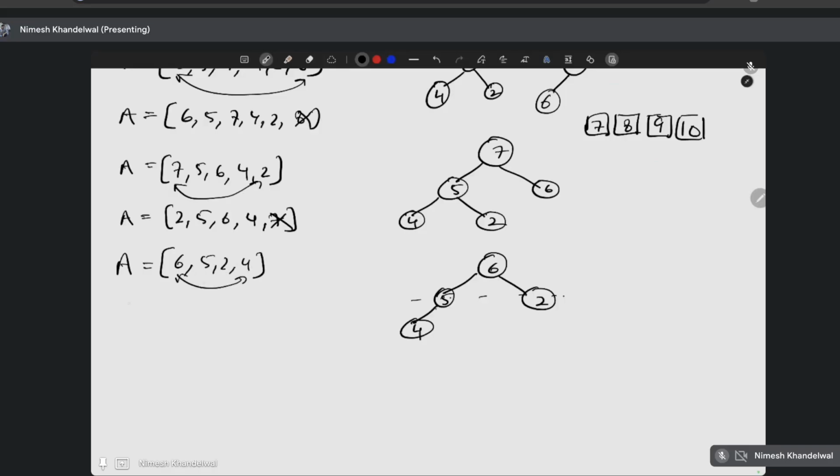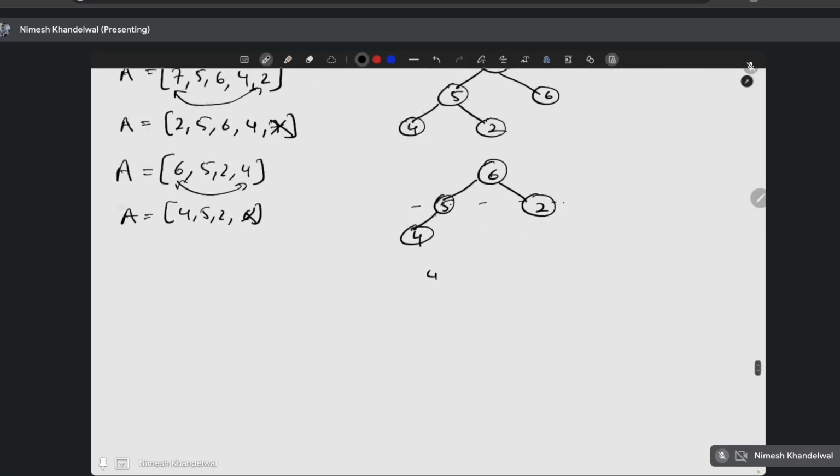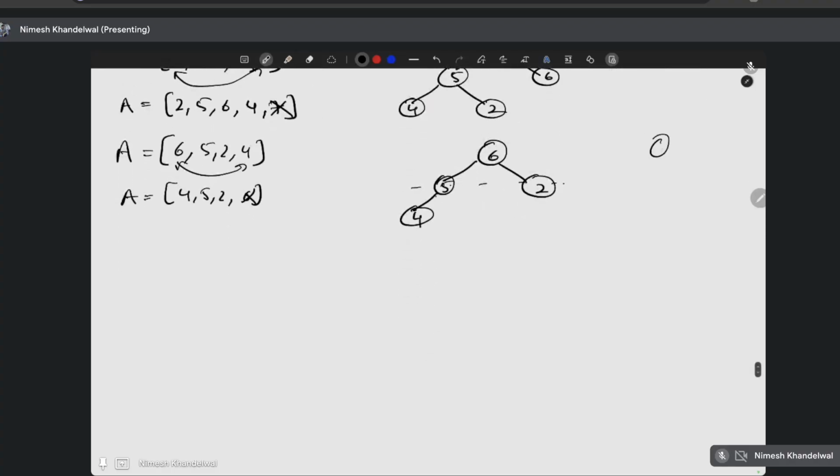Again replace 4, 5, 2, 6. So we get 6 outside the heap. Then we have, right here, 4, 5, 2.